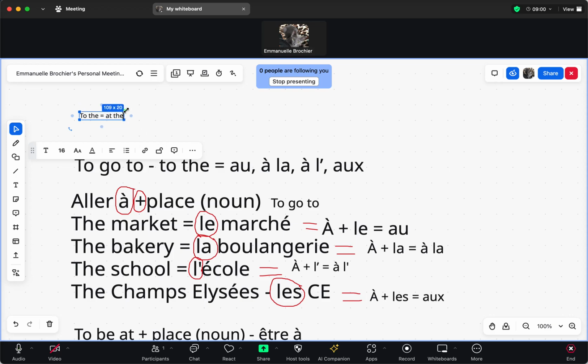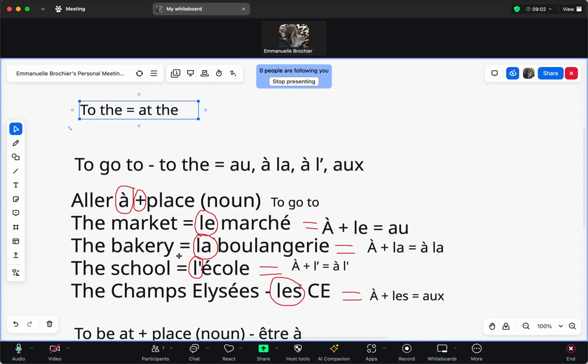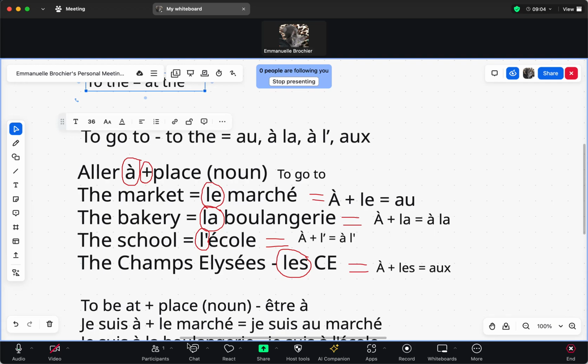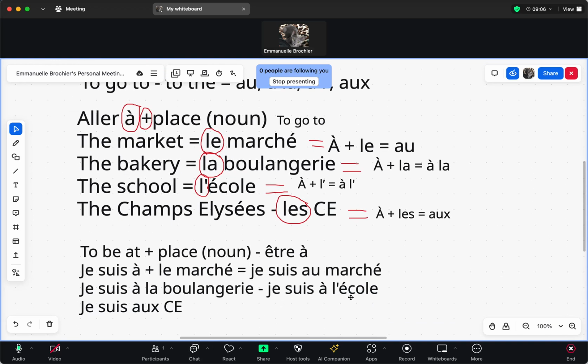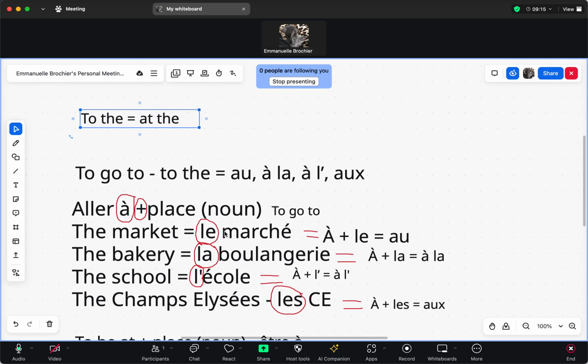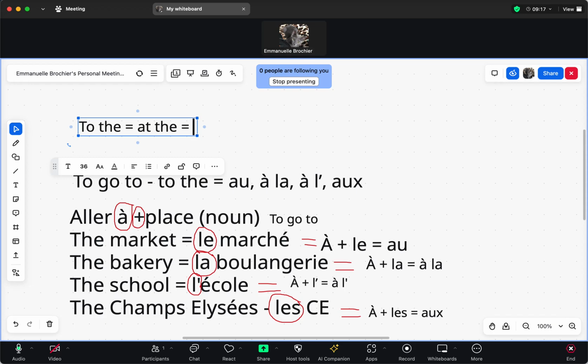Because what I had here is to be at the market, at the bakery, at the school, or in school if you want, or at the Champs-Élysées, but in the Champs-Élysées. So in English it may not always be a literal translation, but if we follow this formula, we can be fine, because in French it's always to be at, or to go to the.